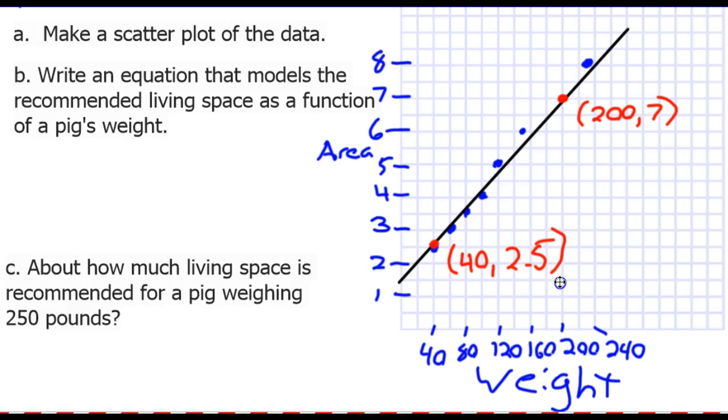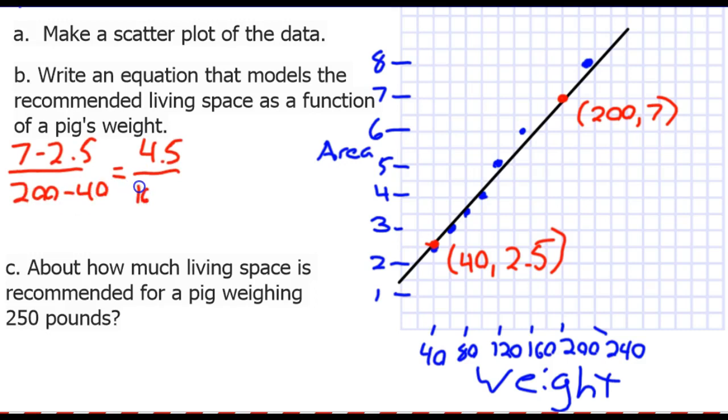So if we look for our slope, we can count our rise over run. Instead of rise over run, we can do our slope equation. So we have 7 minus 2.5 over 200 minus 40. 7 minus 2.5 is 4.5. 200 minus 40 is 160.